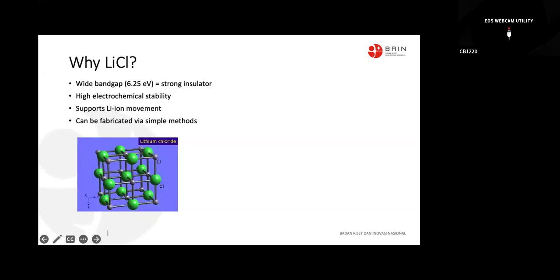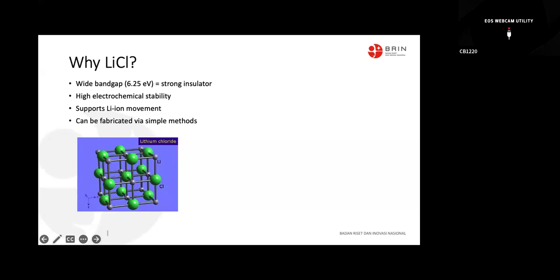This means it can effectively prevent the flow of electrons from lithium metal to LATP. The second is it has good lithium ion conductivity properties, especially when used at grain boundaries or as an interfacial modifier. And then, it also has a wide electrochemical stability.